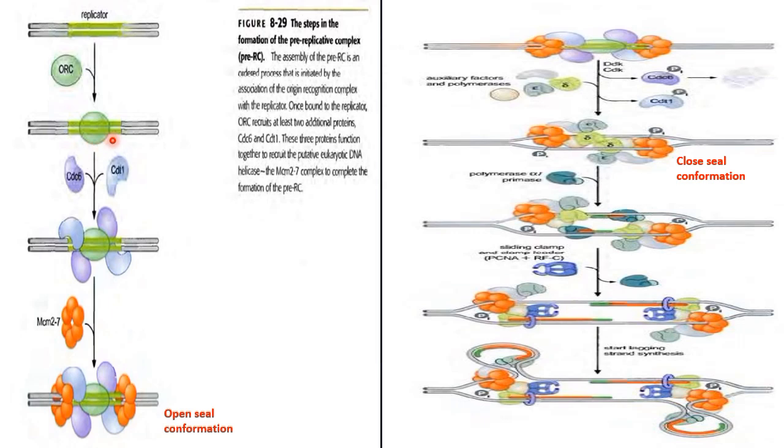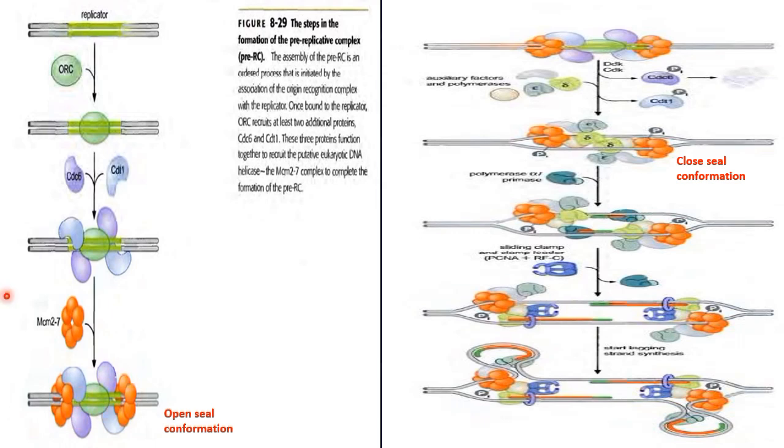Then it recruits CDC6, cell division cycle 6, and CDT1 protein, which bind with the ORC and stabilize the overall complex, which then in turn recruits MCM2-7 helicase, which then binds either side of this complex, thus forming what is known as the helicase double hexamer, where we have two helicase hexamers. Thus, we refer to it as helicase double hexamer.